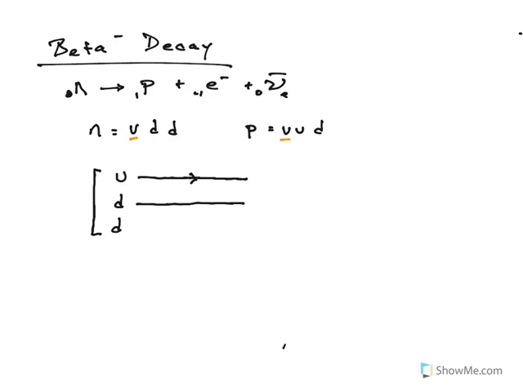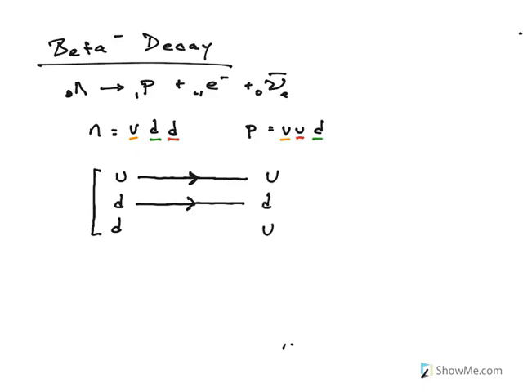I'm going to assume this down is just this down sitting here. Nothing happened to him, he just stayed a down. What did change, however, was this down quark changed into this up quark. So that's the one that's going to be changing here. That's why this first up just continues along, this down continues along, and these things are going to become an up, a down, and an up.